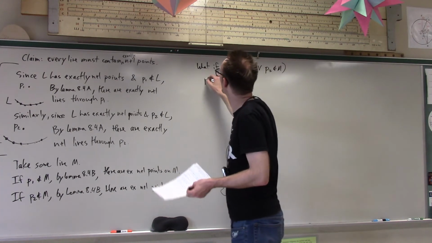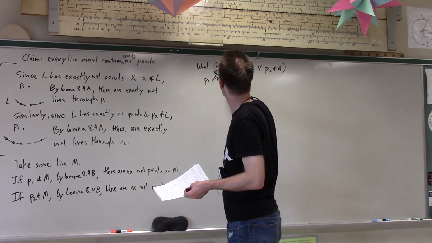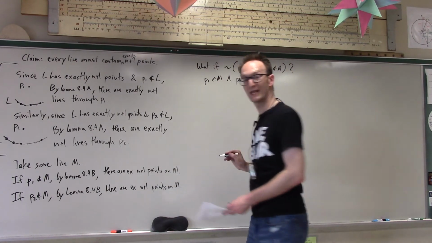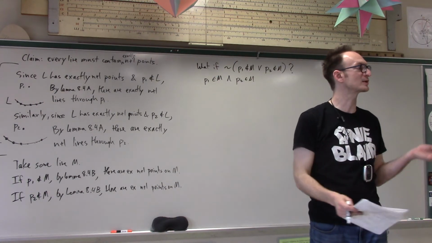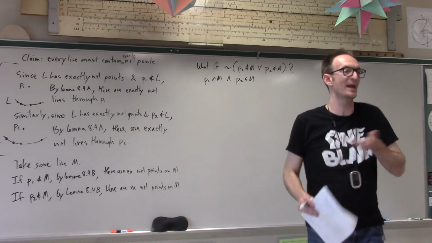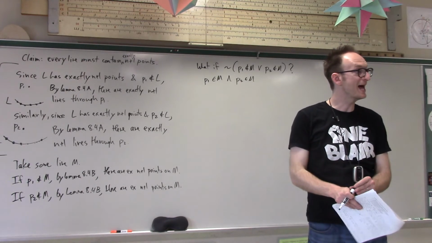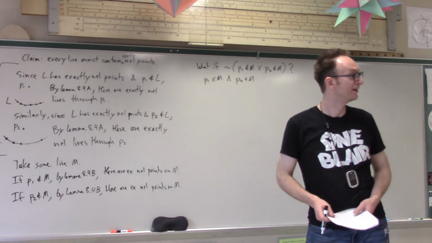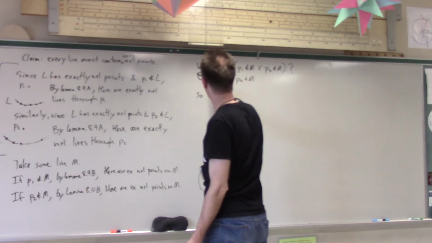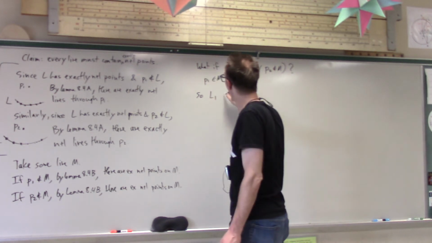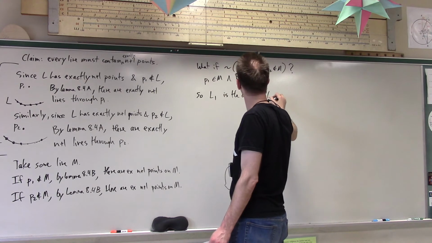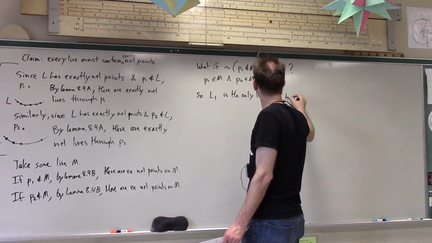Well, then that's just saying that P1 is on M and P2 is on M. In other words, the only case left is the case in which line M goes through P1 and P2. But if line M goes through P1 and P2, then it just is L1. So L1 is the only line left to deal with.